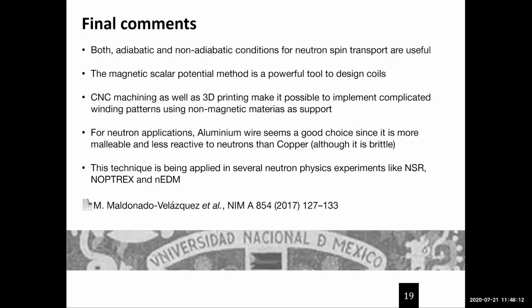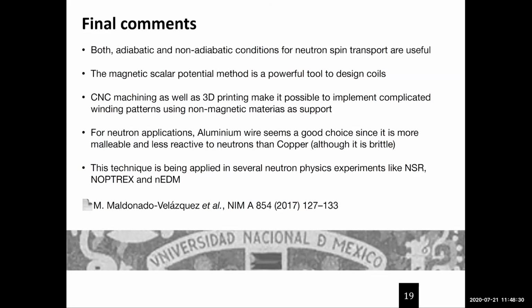We have already built coils for epithermal neutrons. In that case, what you need is usually larger coils. You need more length in order to be able to achieve adiabaticity.